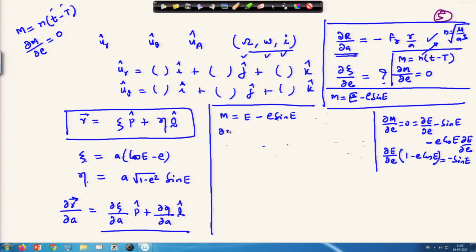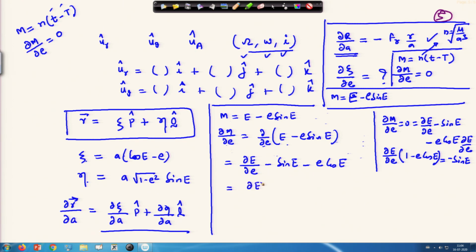Therefore ∂M/∂e equals ∂/∂e of (E − e sin E), and once we expand it, this will be ∂E/∂e minus sin E, and then minus e times cos E times ∂E/∂e. We combine this and write it, here we have 1 minus, and sin E will be plus.